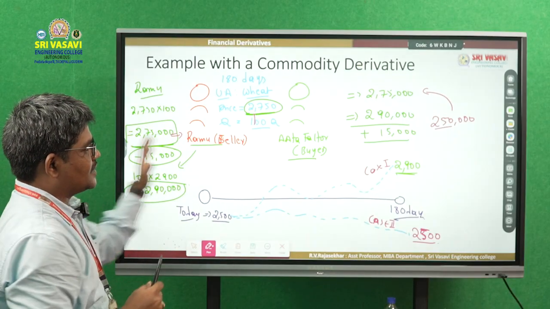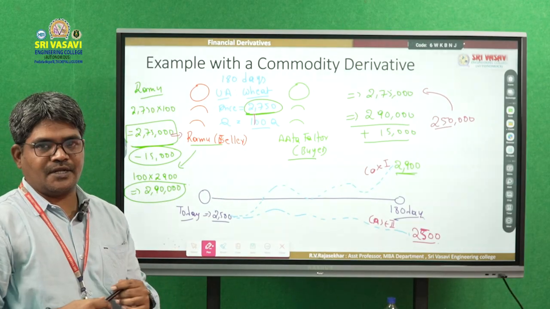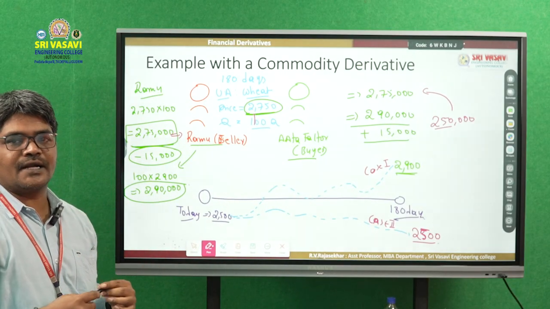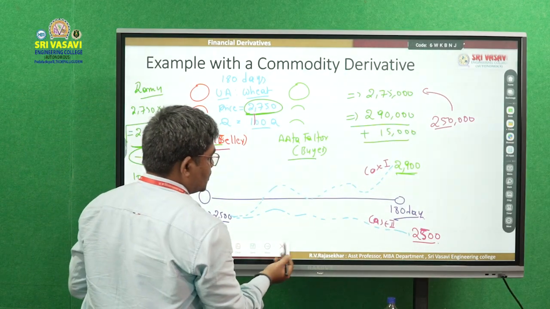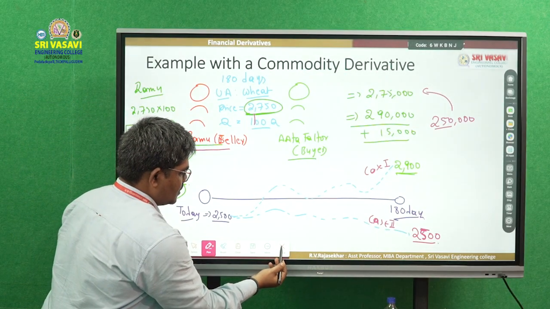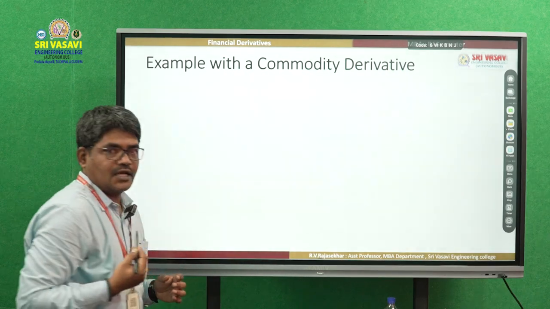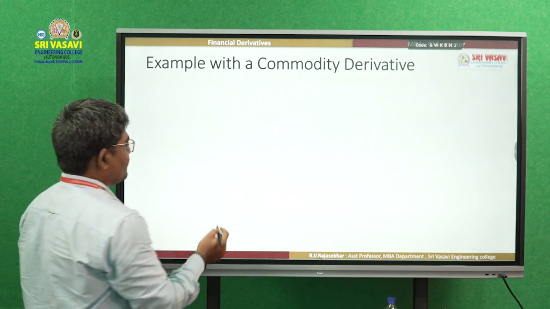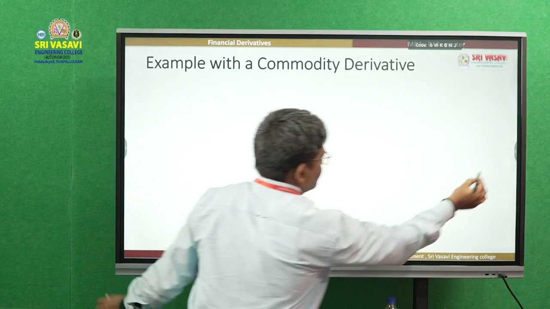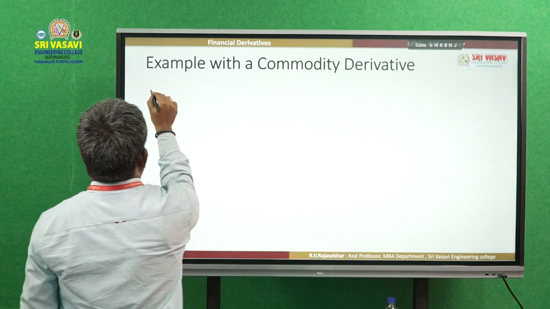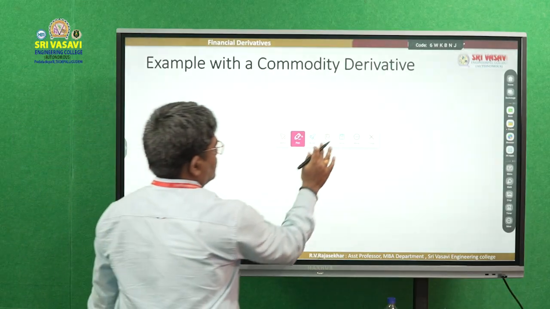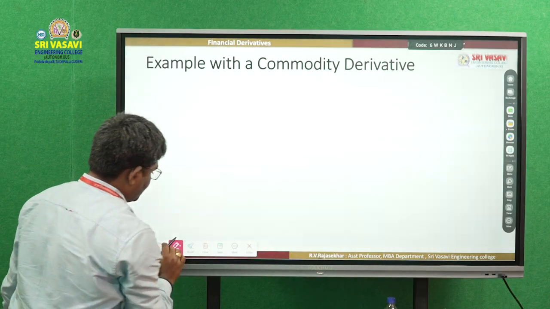Now let me derive certain things from my explanation. Now here are the two parties. Who are the two parties? Let me take the key outcomes of the example. We have two parties in the contract.